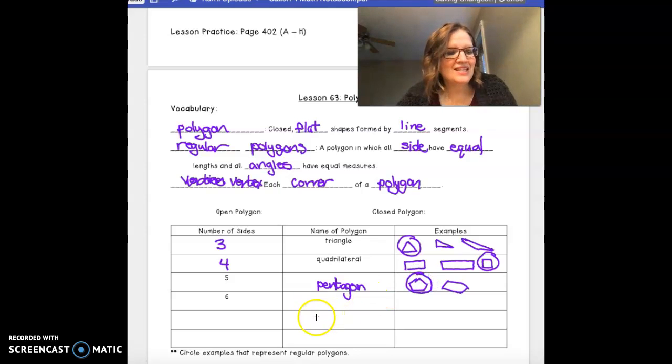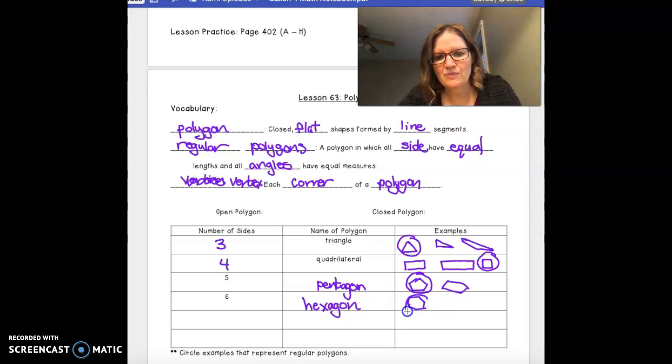When you have six sides, it's called a hexagon. And I'm going to draw this. Here, I'll do our regular one first. 1, 2, 3, 4, 5, 6.